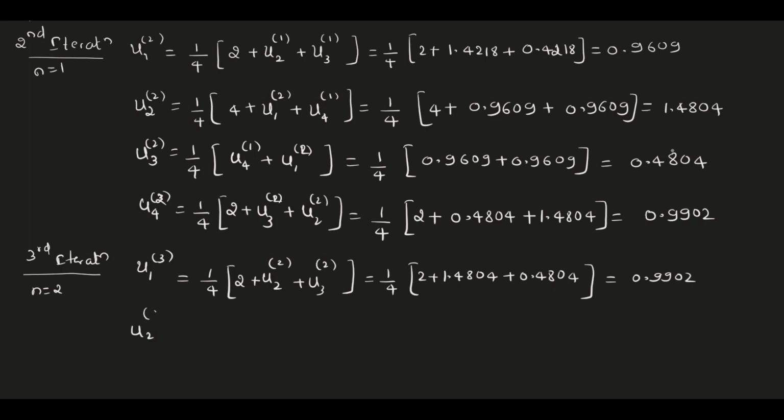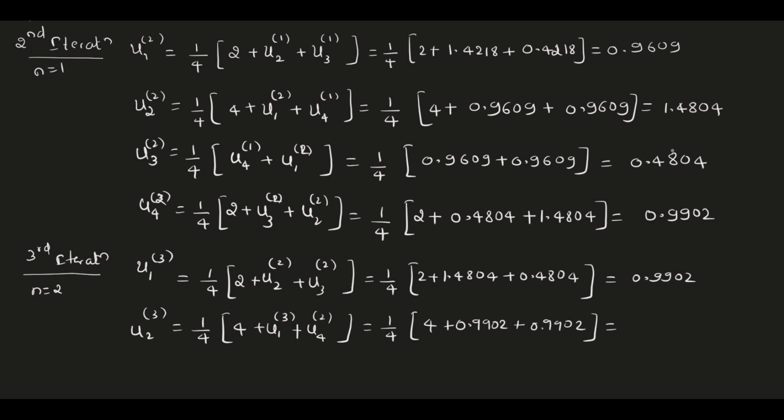Next, u2 of 3, 1 by 4, 4 plus u1 of 3 plus u4 of 2. 1 by 4, 4 plus u1 of 3, what we have just done, 0.9902, plus u4 of 2, the previous 0.9902. Both come out the same.